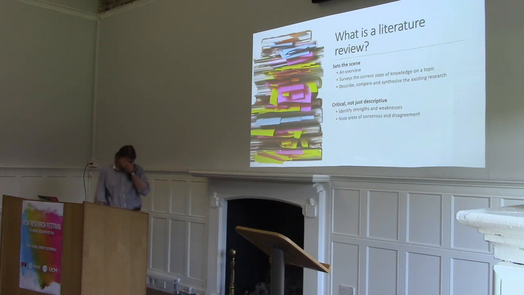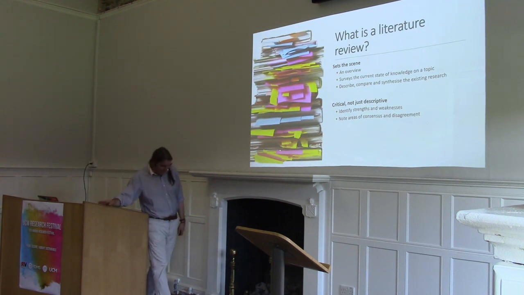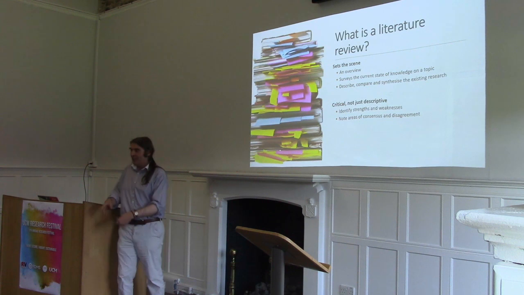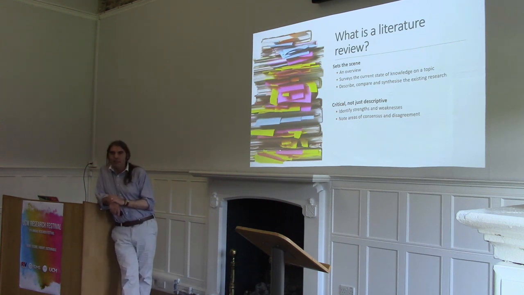It's also useful to understand where people are in broad agreement or where there is disagreement. Because then, if there's disagreement, you're going to need to decide where you're going to place yourself within the research argument. You may find yourself being on one side or another. So for example, if you're looking at knowledge management, you might say, well, I'm going to look at it from a Marxist perspective.